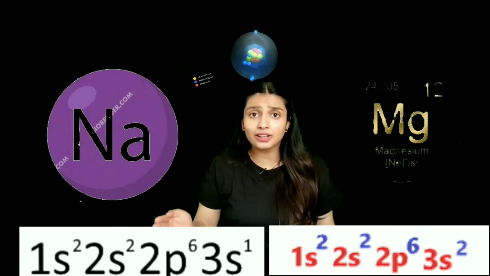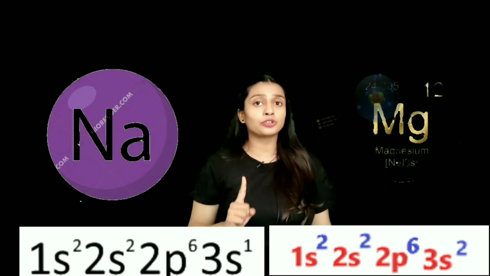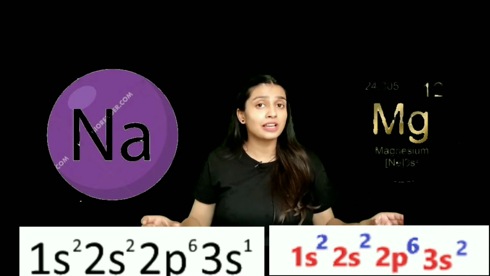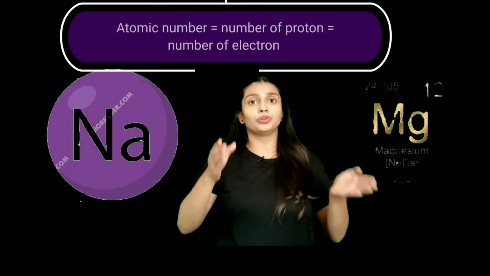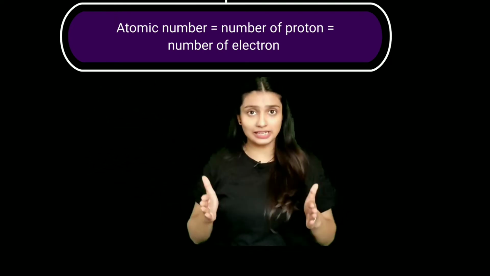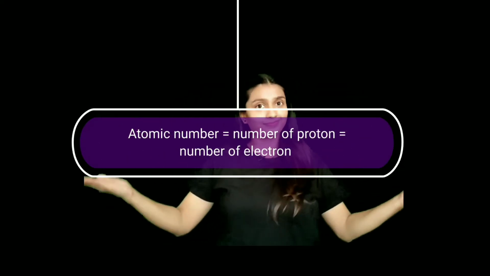Now, there is an increase in the number of electrons, but that electron is added into the same shell. As we all know, atomic number is equal to the number of protons, which is equal to the number of electrons.